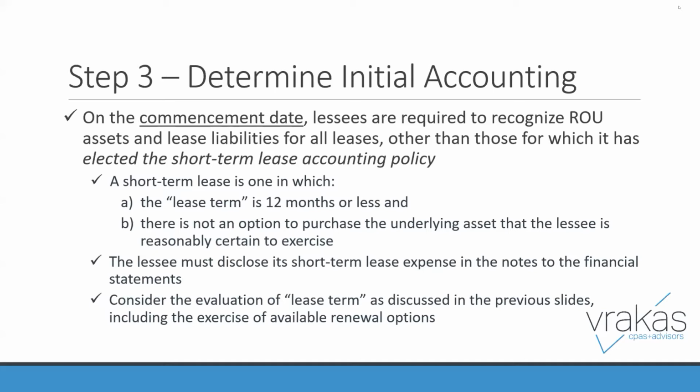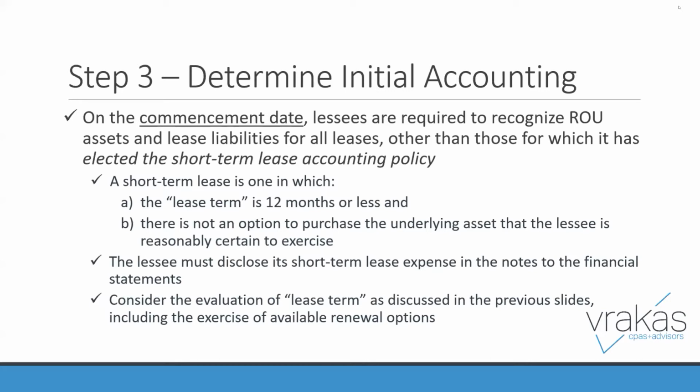I mentioned the short-term lease exception is a pretty small exception because it talks about if on the commencement date of the lease, so again, when you get access to that underlying asset, if the lease term is 12 months or less, and there is an option to purchase that you're reasonably certain not to exercise, you could qualify as a short-term lease.